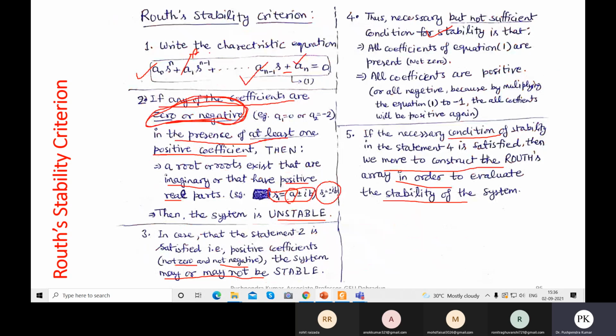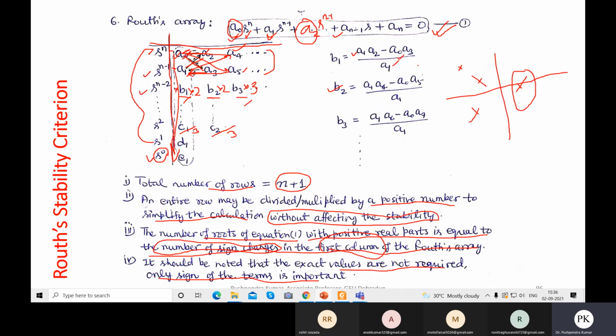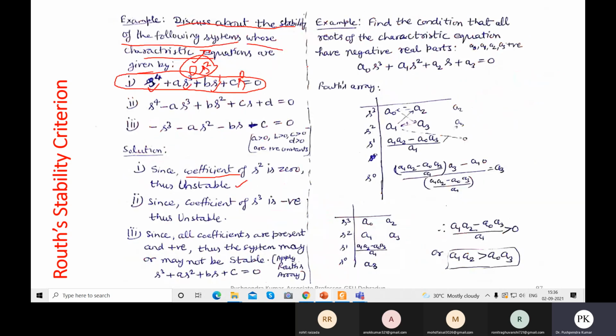As I have written here, all coefficients of the equation must be present, meaning not 0, only then this condition will be satisfied. But here one coefficient is 0, so the system is unstable because the coefficient of s square is 0.